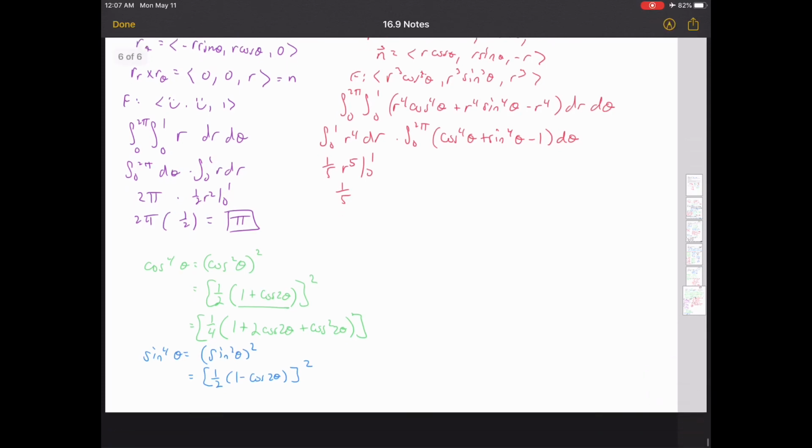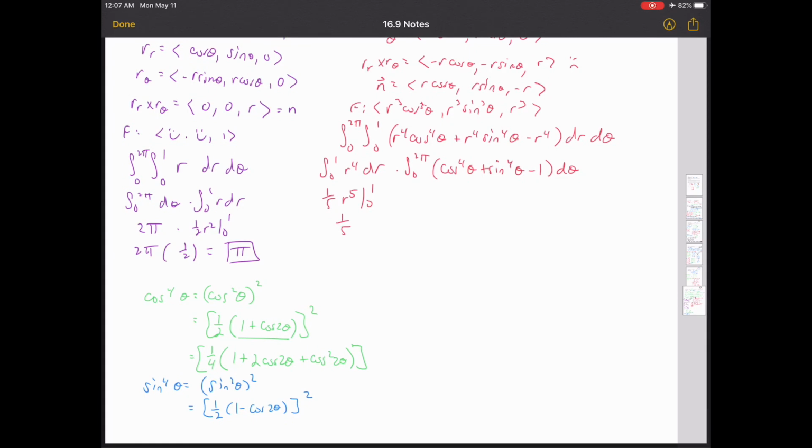And again, when I square this thing, I'm going to have to FOIL this piece right here. So I know I'm going to get 1/4, and then FOILing is going to give me 1 minus 2 cosine of 2 theta. And again, minus times minus is plus, so it's plus cosine squared of 2 theta.